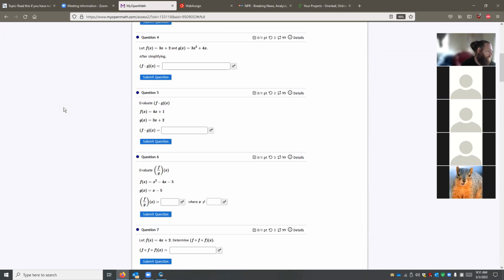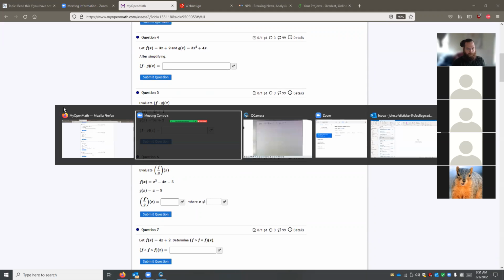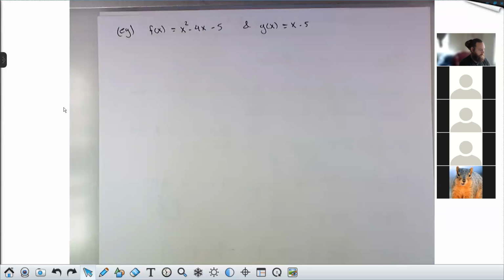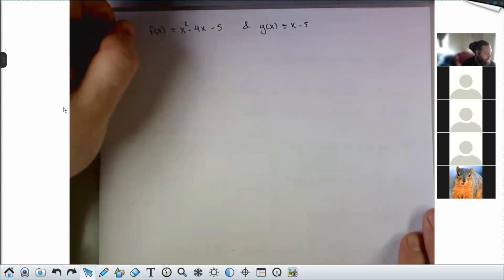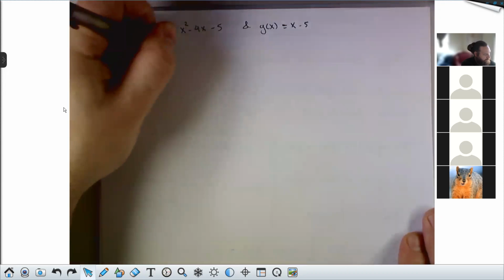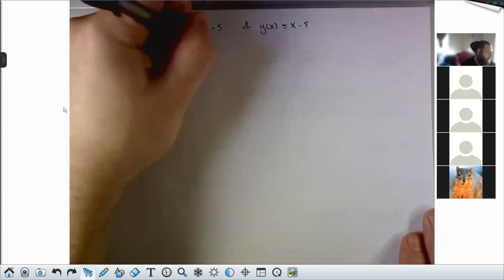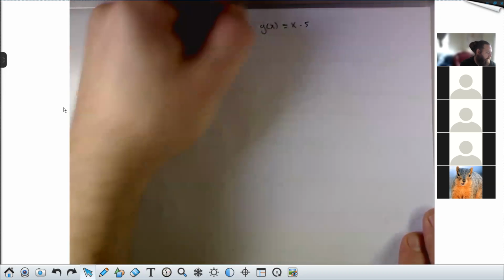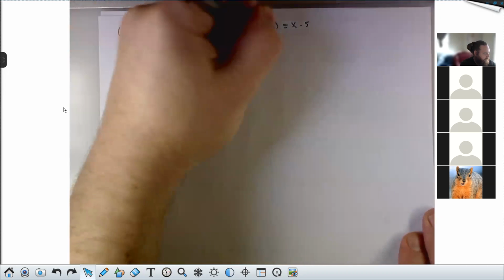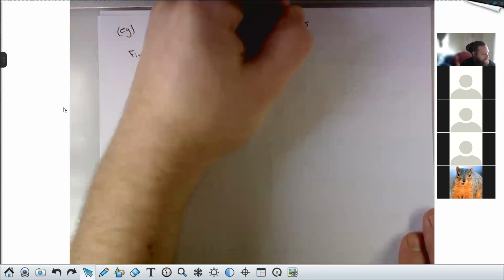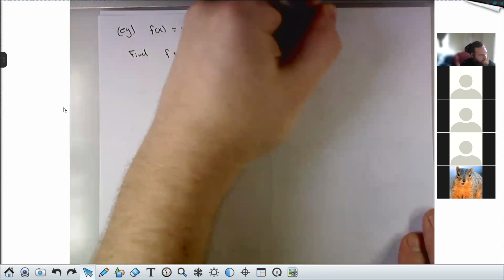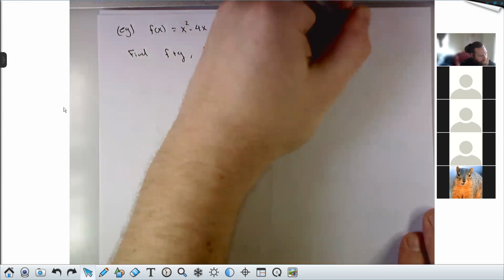But instead of just computing f over g and its domain, we're going to compute some other stuff as well. So we're going to find f plus g, f minus g, f times g, f over g, all of them, and their domains.